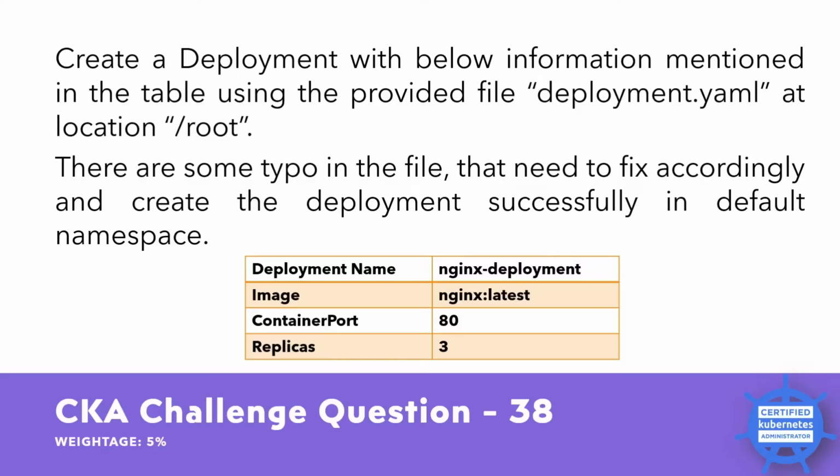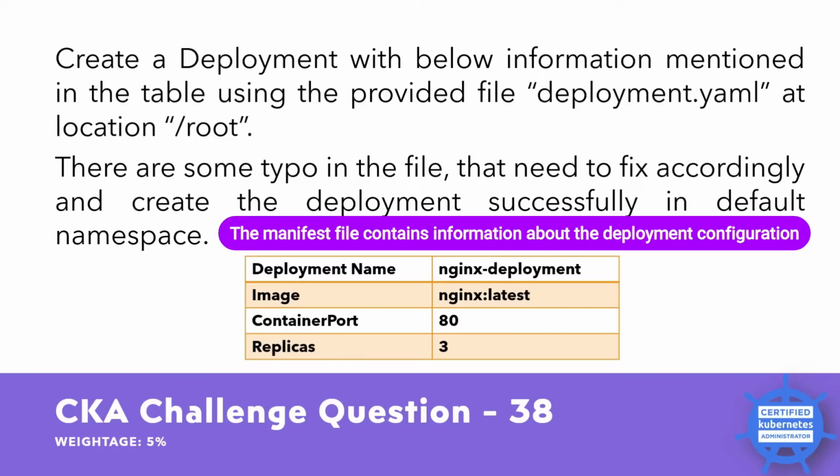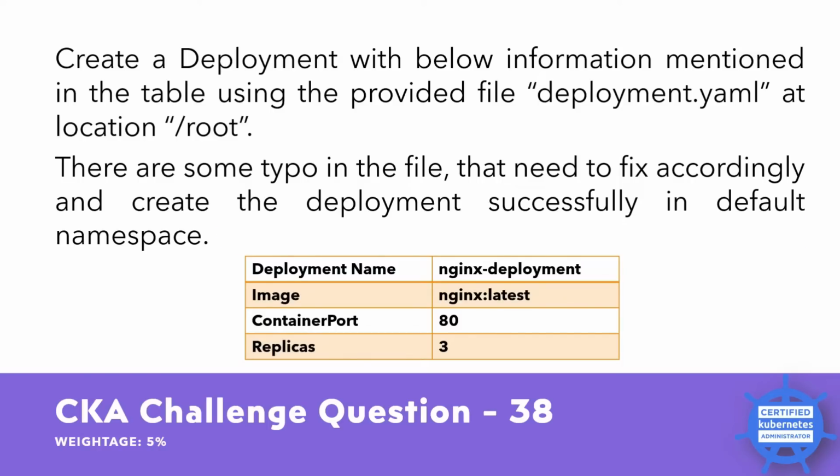This question is asking you to create a Kubernetes deployment named nginx-deployment using a YAML manifest file located at /root/deployment.yaml. The manifest file contains information about the deployment configuration, but there are some typos that need to be fixed in order for the deployment to be created successfully in the default namespace.